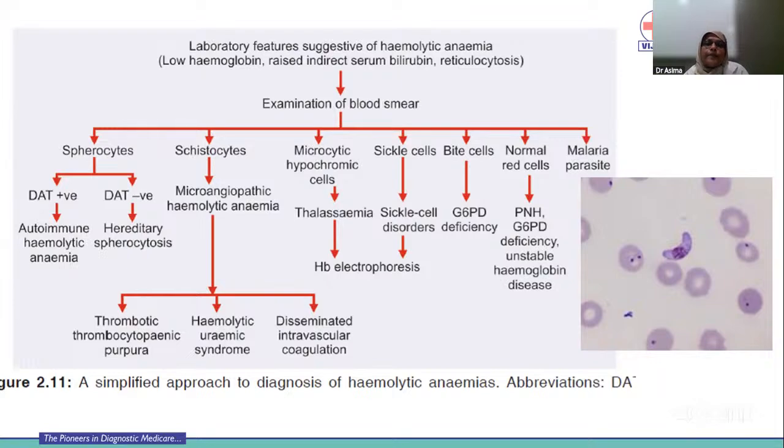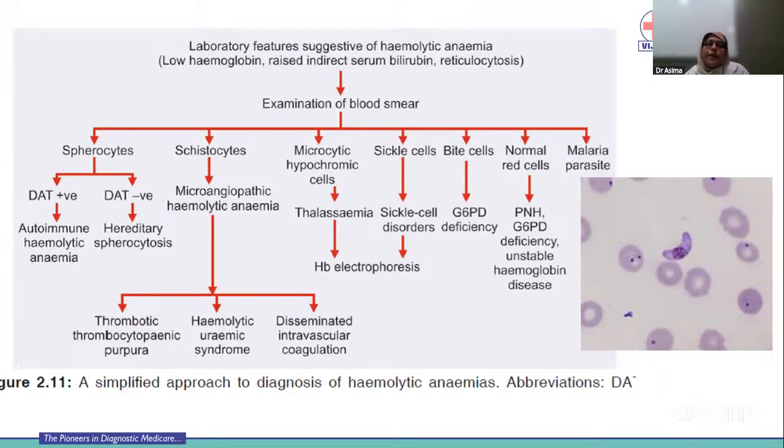How are they formed? What happens in the spleen or liver is that the macrophages start biting the spherocytes and abnormal cells, so that we see bite cells in the peripheral smear. In case we find normal red cells, we can suspect PNH, G6PD deficiency, or unstable hemoglobin disease.